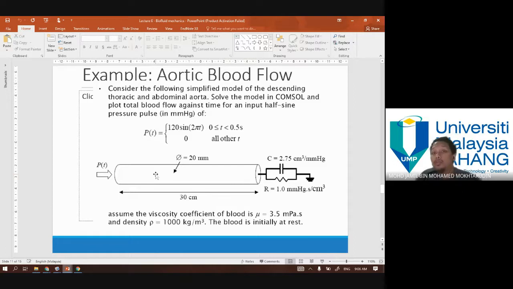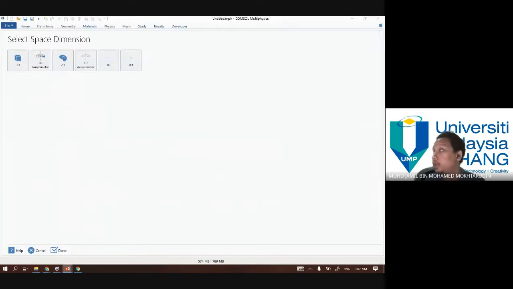The reason why we choose 2D axisymmetry is to make the simulation a lot faster. If you use 3D to solve a cylinder, it might take more time, and also more RAM from your computer. So we choose 2D axisymmetry.